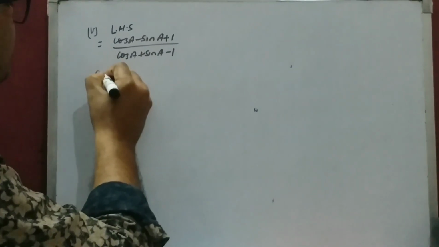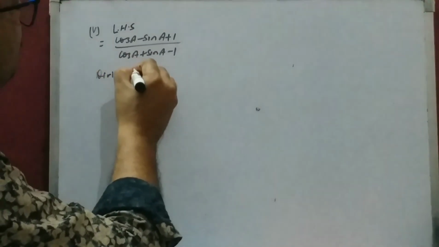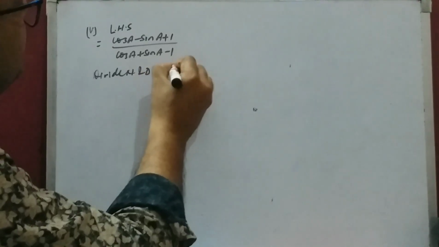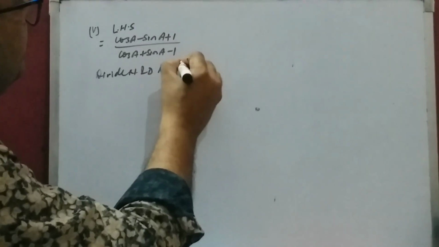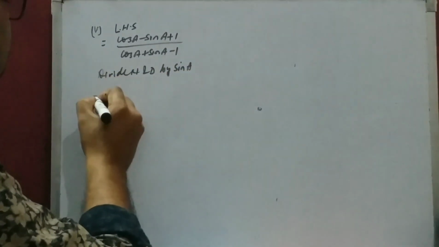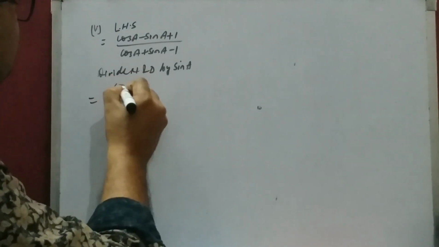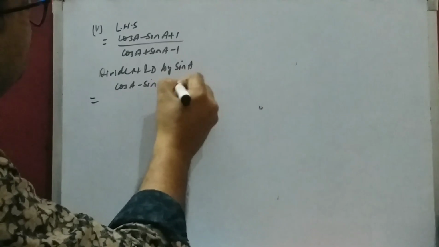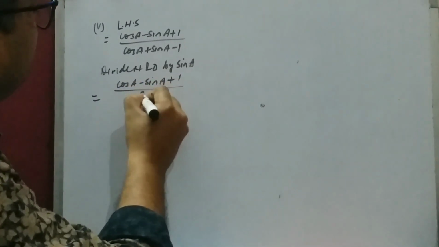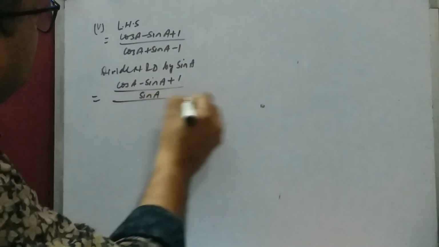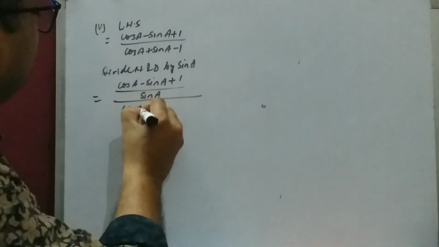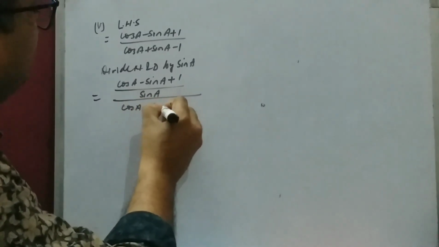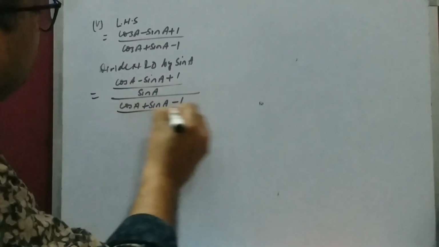You will write here: divide numerator and denominator by sin A. So you will write here (cos A minus sin A plus 1) whole divided by sin A, and this is also (cos A plus sin A minus 1) by sin A.